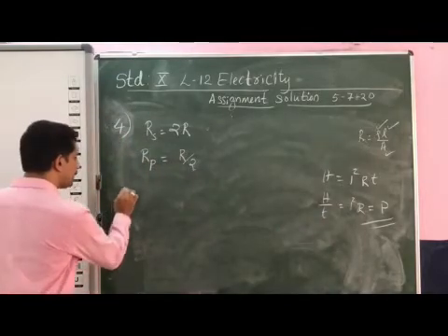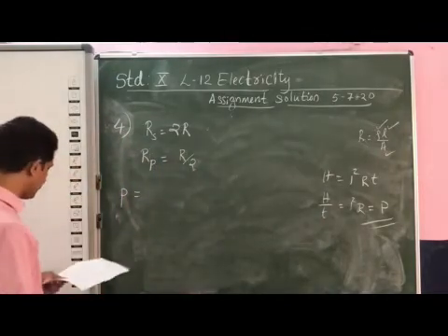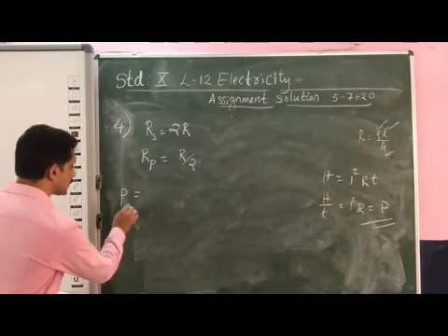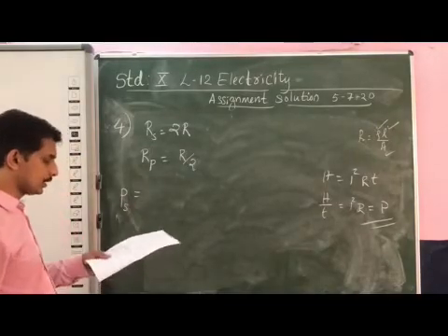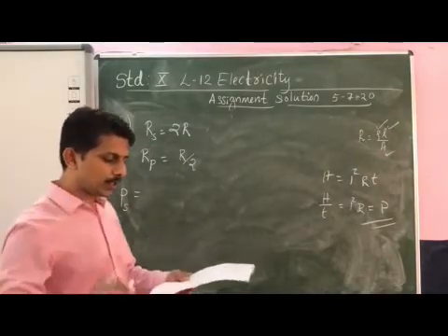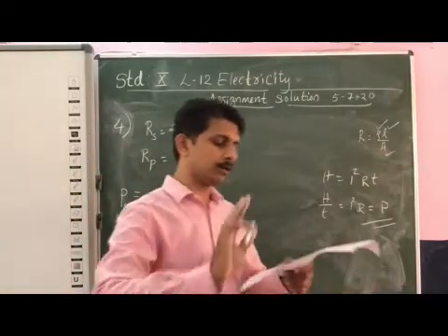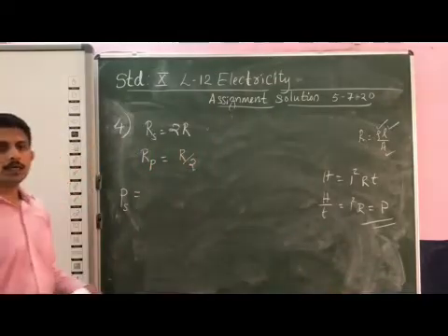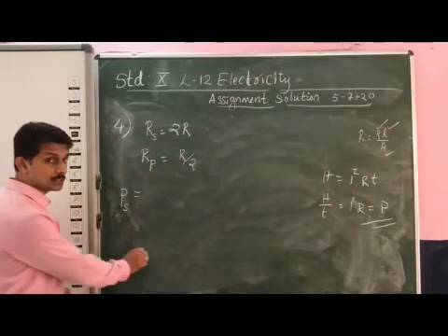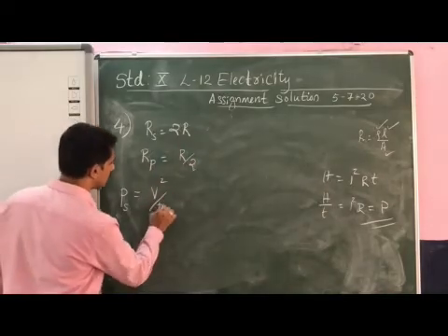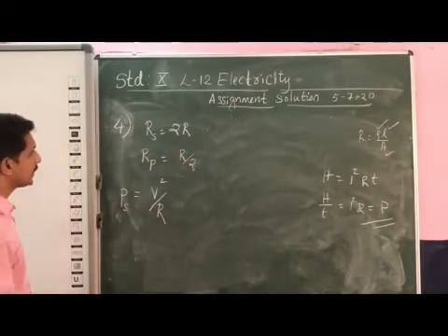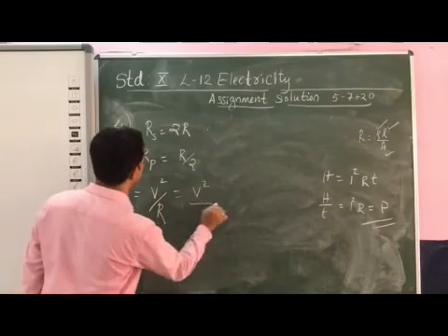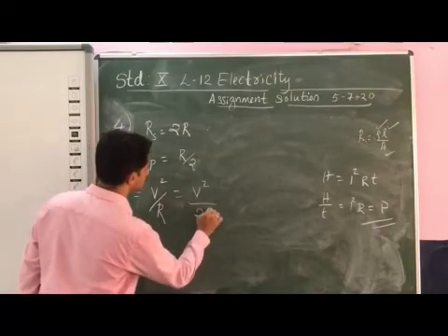So what is the power when they are connected in series? We can calculate it as V squared by R, which is V squared divided by 2R.